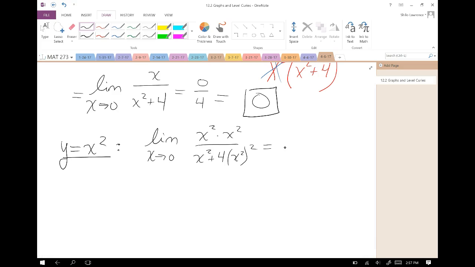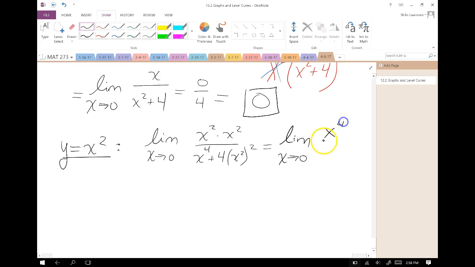In the bottom, we have, oops, I made a mistake. In the bottom, we have x to the 4th plus 4 times x squared squared. So all I've done is replace my y's with x squareds.